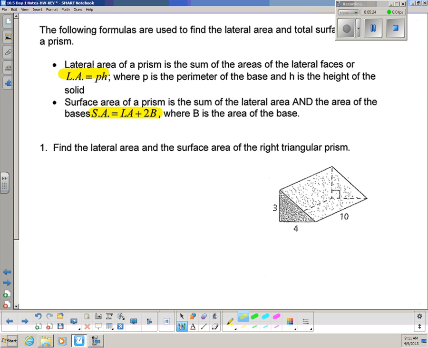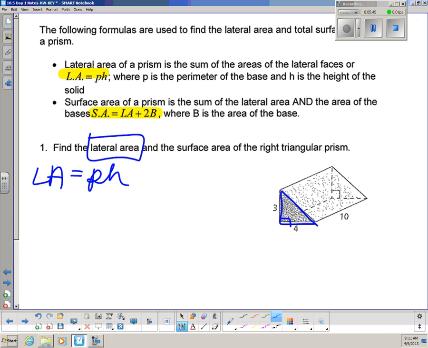So if we're going to find the lateral area first, then we're dealing with lateral area being the perimeter times the height of the solid. Well, the perimeter of the base of this particular triangular prism, we've got to add up all the sides, and we're missing the hypotenuse.